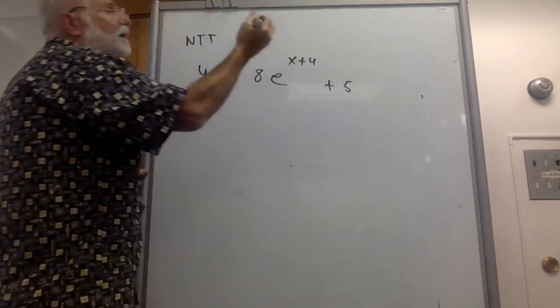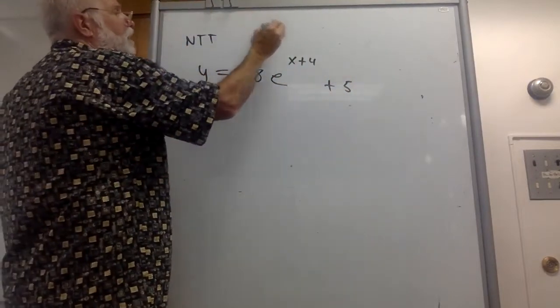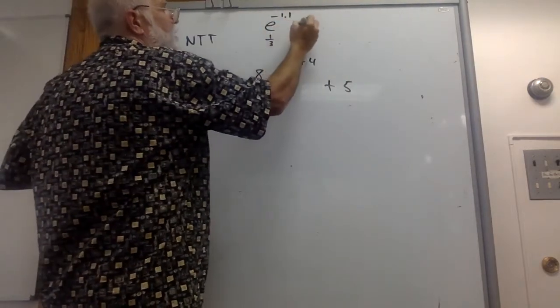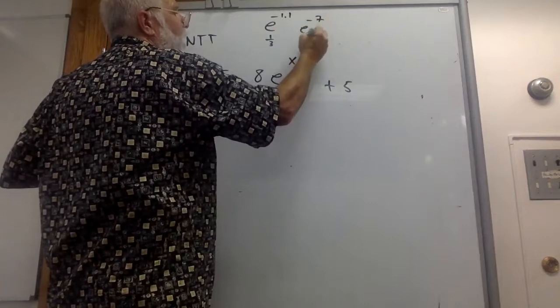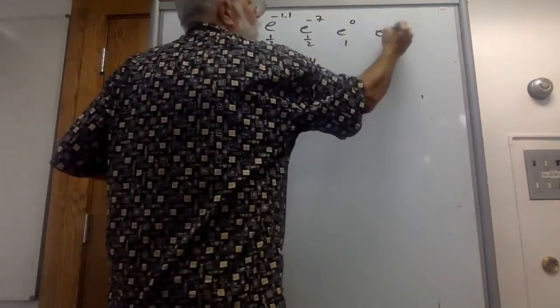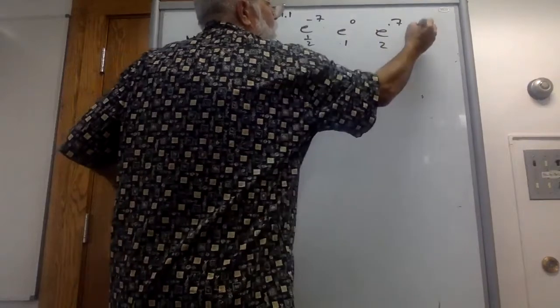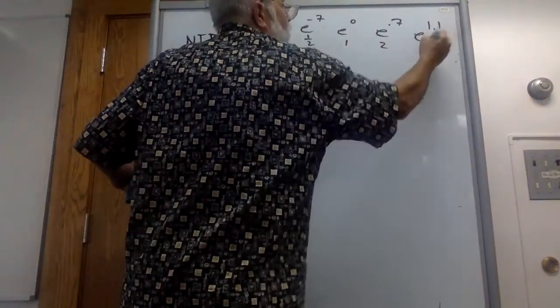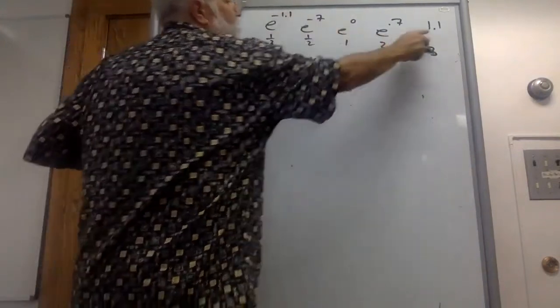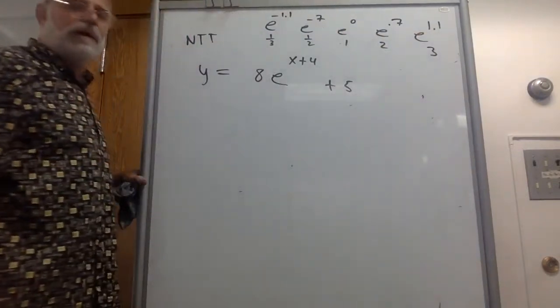And I've got a table of values that I want you to memorize. E to the negative 1.1 is a third. E to the negative 0.7 is a half. E to the 0 is 1. E to the 0.7 is 2. E to the 1.1 is 3. I hope you can see the reciprocation, the negative exponent, right? We've been studying that.